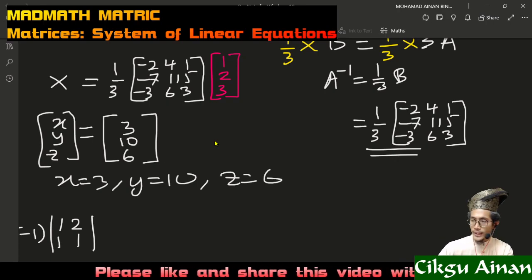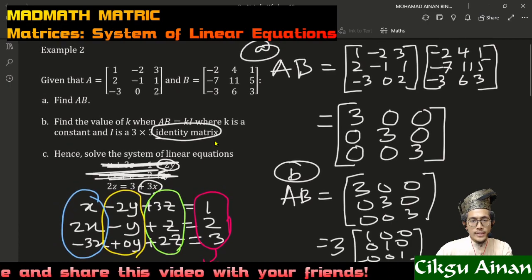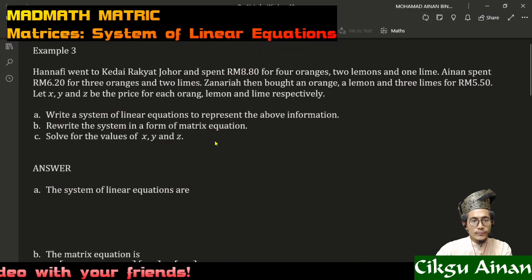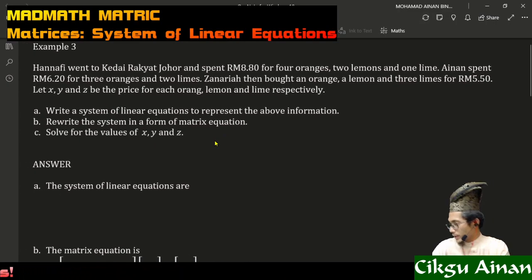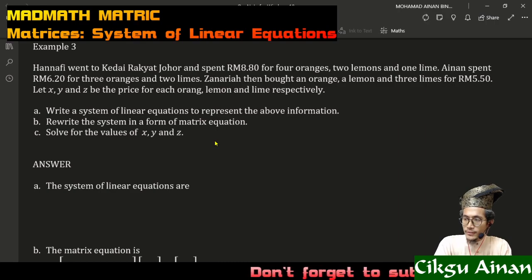Okay, done already. Second question. Now, let's proceed to the third one. What's the difference with this question is that we have a story.